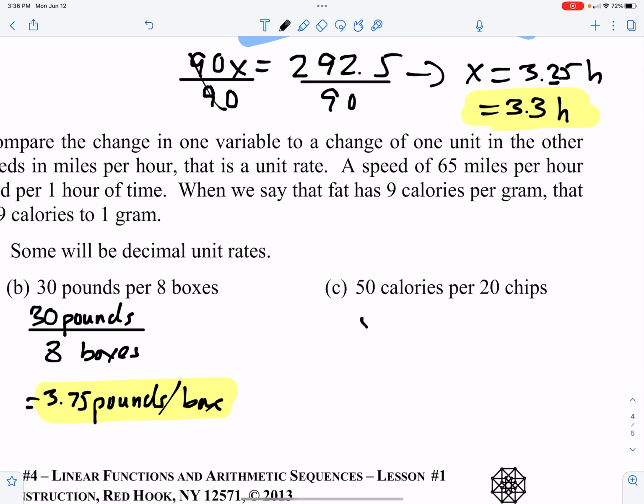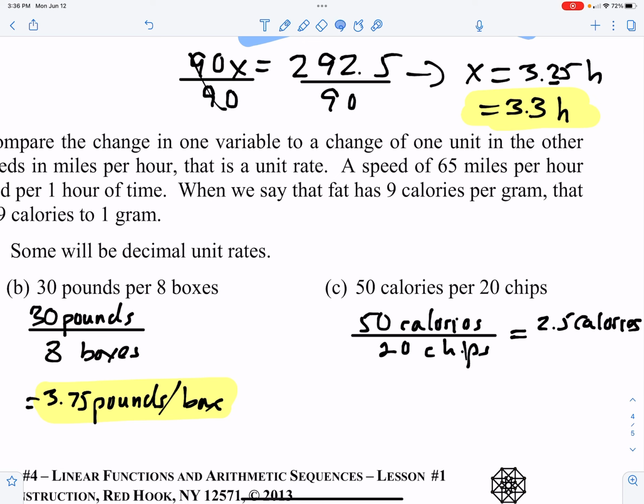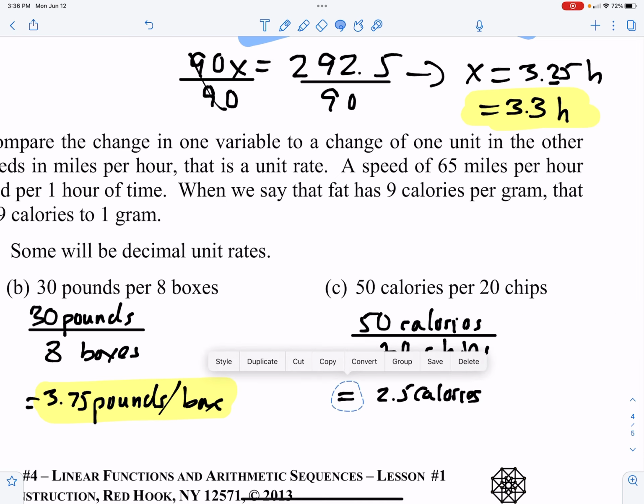And 50 calories in 20 chips is 2.5 calories per chip.